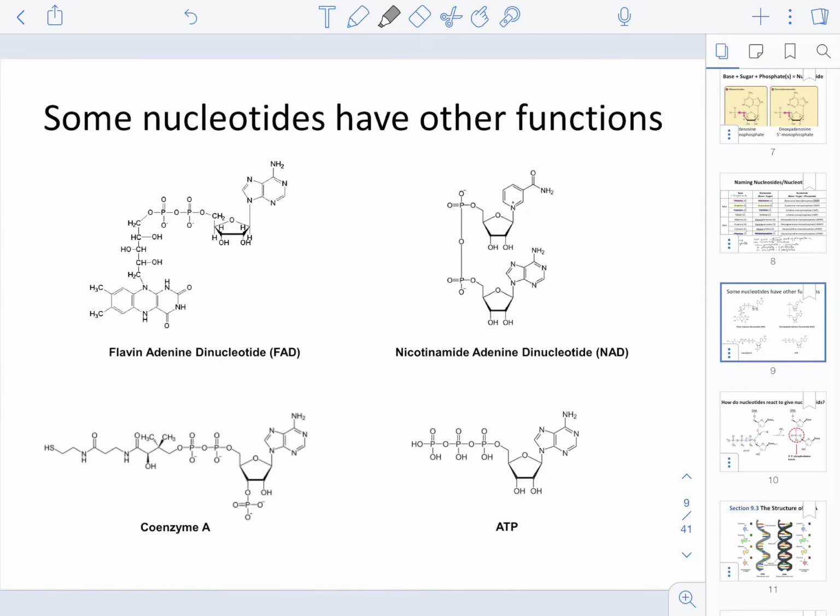When it comes to nucleotides, understand that they have functions that extend beyond the synthesis of nucleic acids. For example, FAD, NAD, and coenzyme A, we're going to see them performing biochemical reactions. Specifically, we see them involved in oxidation reduction reactions.